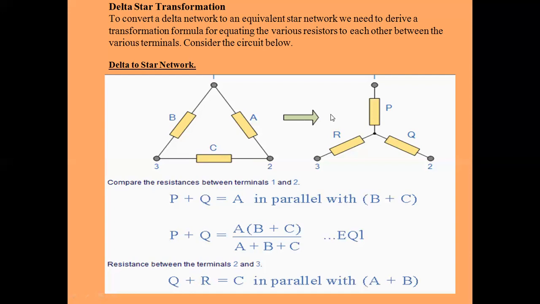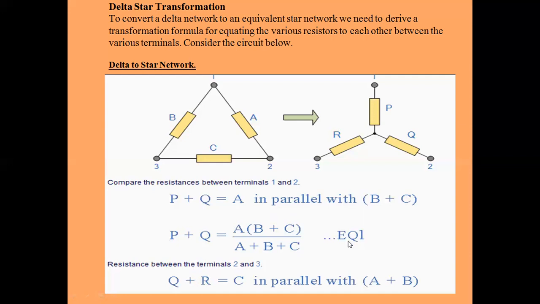P plus Q in star is equal to A in parallel with B plus C. This is a parallel combination, that is R1 R2 upon R1 plus R2. So P plus Q is equal to A into B plus C upon A plus B plus C. So here we get the first equation.